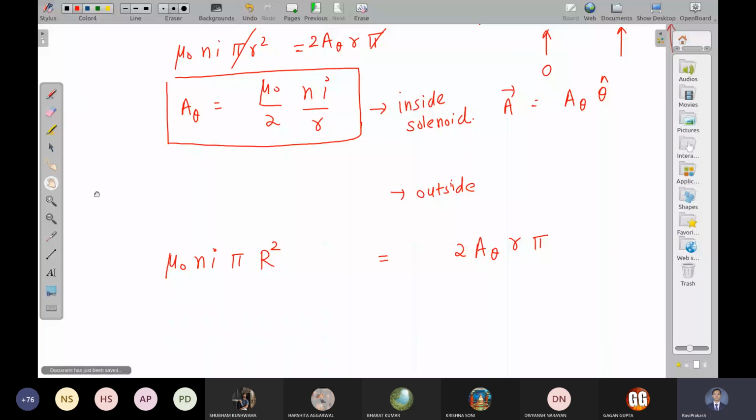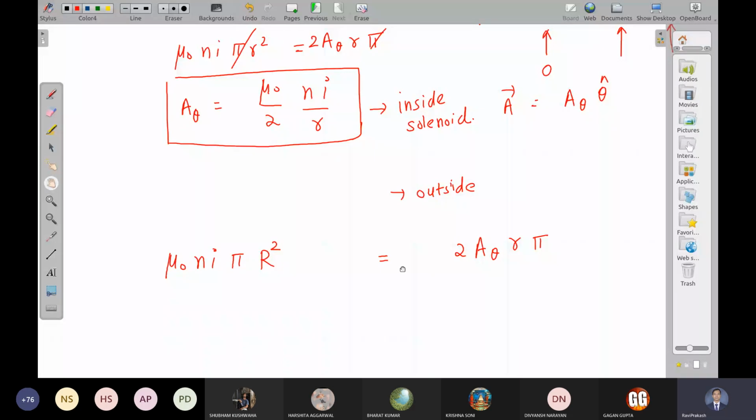Electric field, magnetic field, or any force can be discontinuous. Potentials cannot be. So when you say outside 0 and inside non-zero, you are talking about a discontinuous potential. As soon as you go outside the solenoid, it becomes 0 immediately. But if you see now, it is not discontinuous.